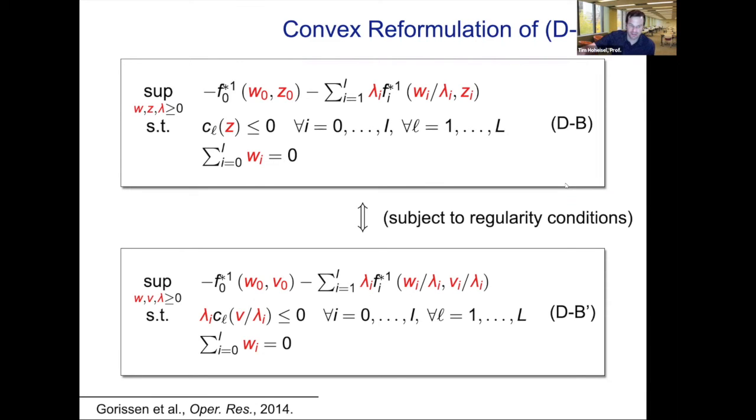How the inequality will be trivially satisfied if lambda I is 0, right? But no, it will be trivially satisfied if v is 0 and lambda I is 0. Because this is a positive homogeneous function, right? So it will be 0 at 0, but it may not be zero when v is not 0. Actually, this is a typo, but this should be vi, as you might guess, right?